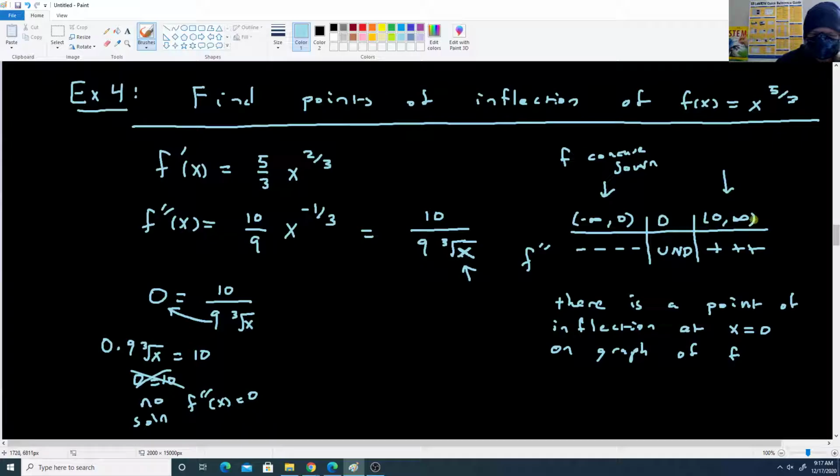And from 0 out to infinity, the second derivative is positive, which means f is concave up. So there's a point of inflection at x equals 0 on the graph of f, as f changes from concave down to concave up.